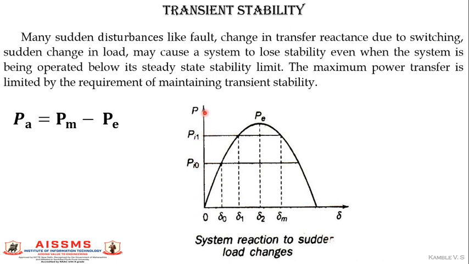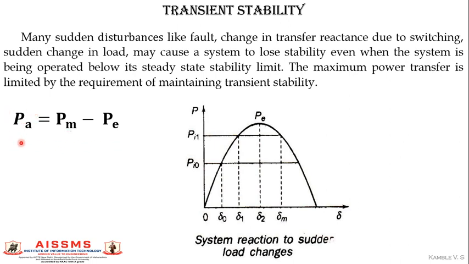This power is the electrical power as well as the mechanical power, because in transient stability studies we are considering that the electrical output power is always equal to the mechanical input power, that is, the system is a lossless system. We have the swing equation PA equal to PM minus PE, or TA equal to TM minus TE.